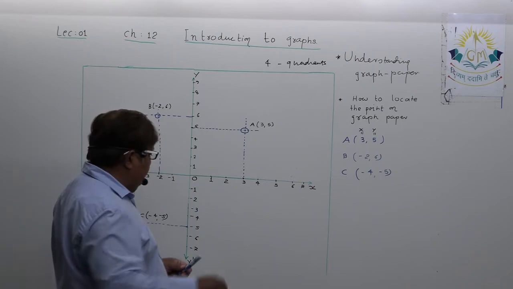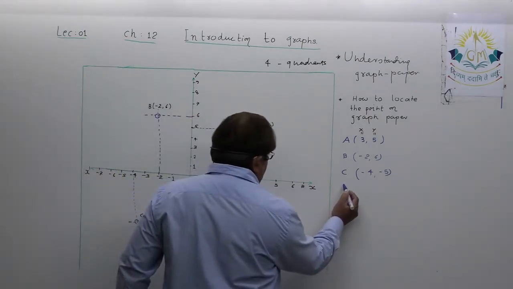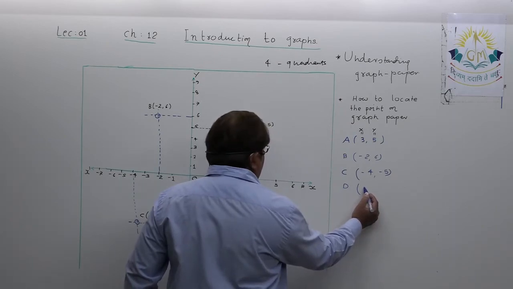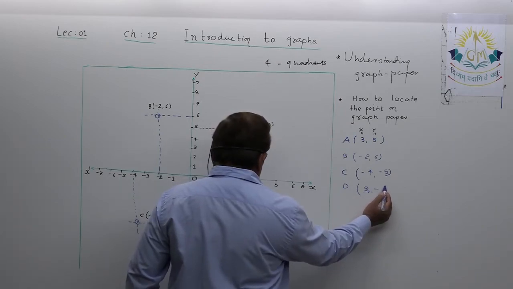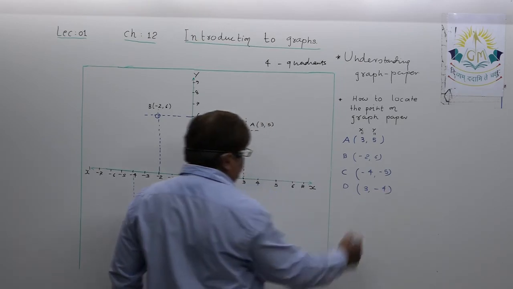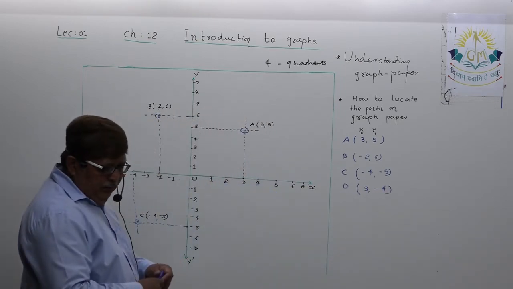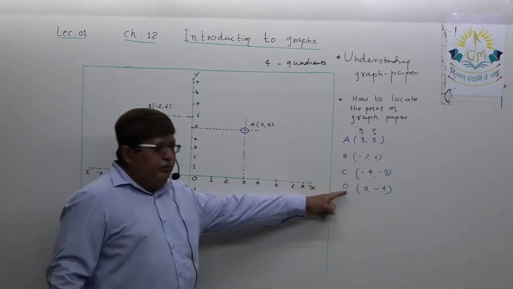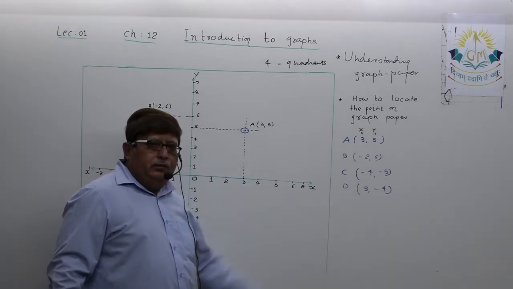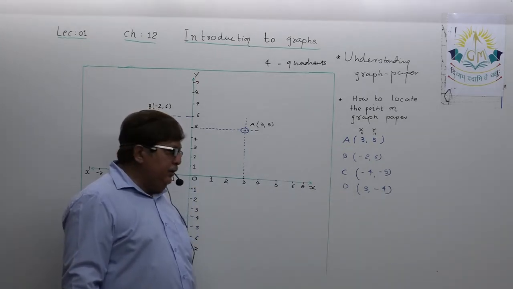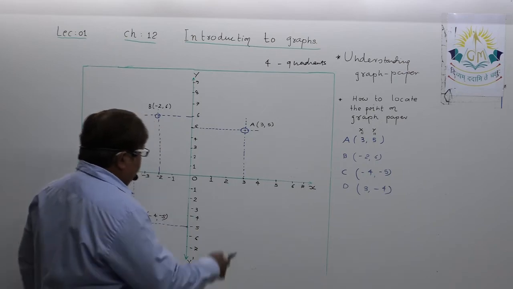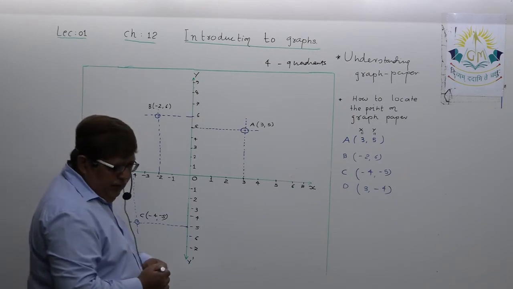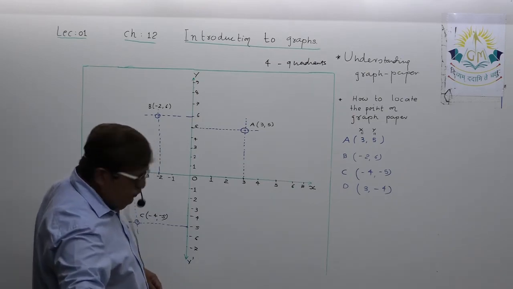Suppose, dear student, we take one another point. Okay, suppose I like suppose 3 comma minus 4. Okay, so can you guess now what is the x coordinate? 3. What is the y coordinate? Minus 4. So on x coordinate 3 here and on y coordinate minus 4 is here.